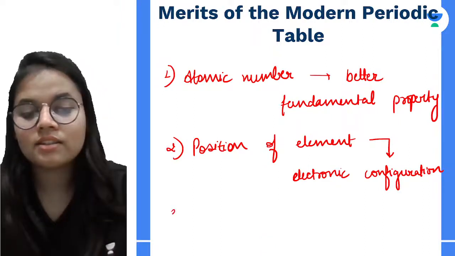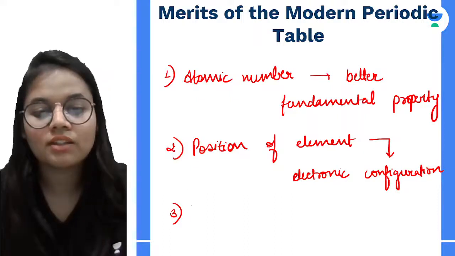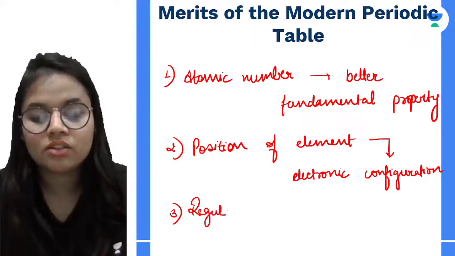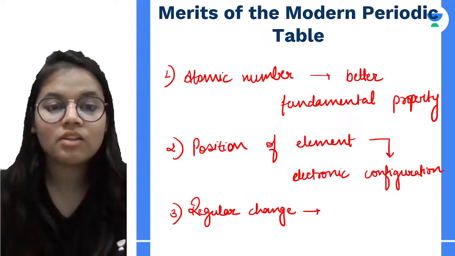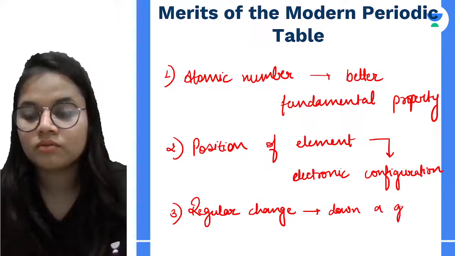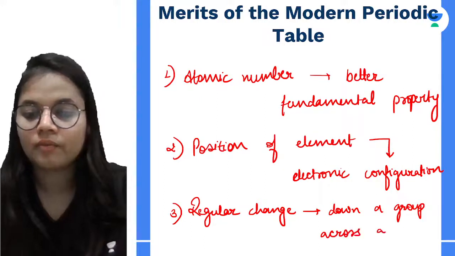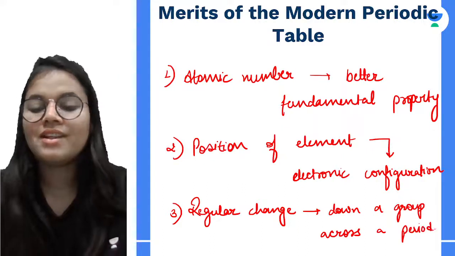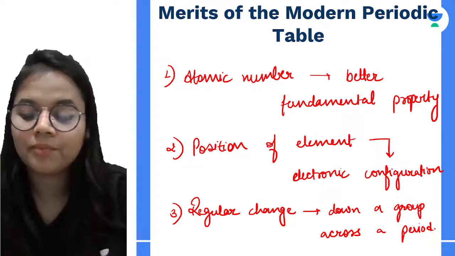Next, as we move down a group or across a period, we can see regular change. So regular gradation is seen as we move down a group or across a period. These are some of the merits of the modern periodic table.